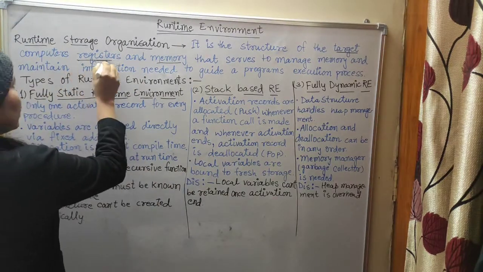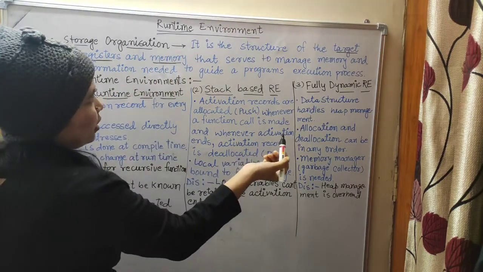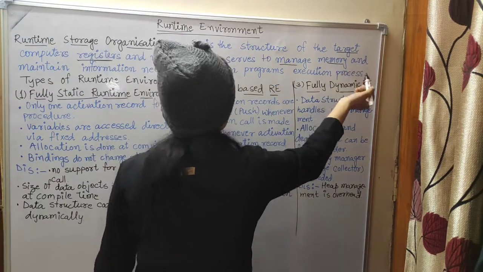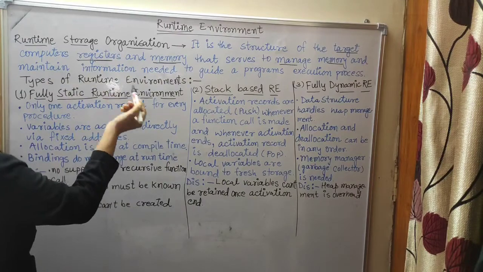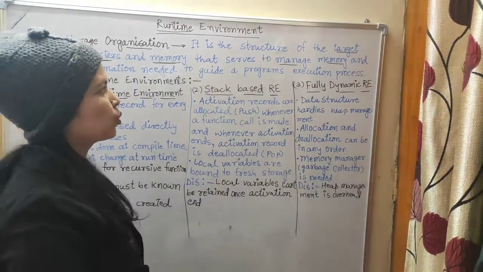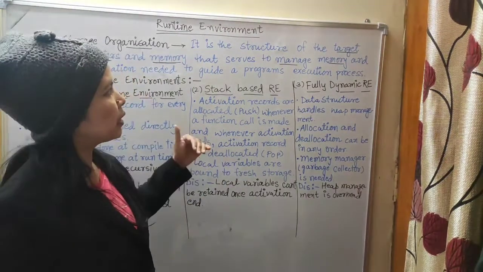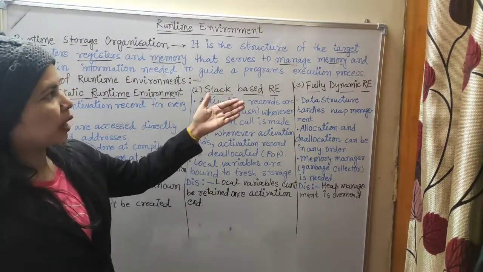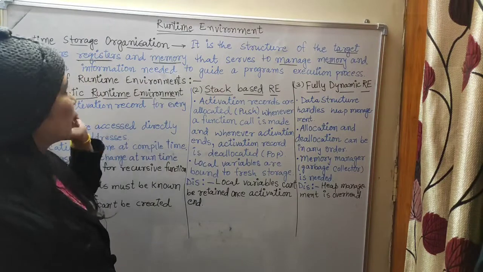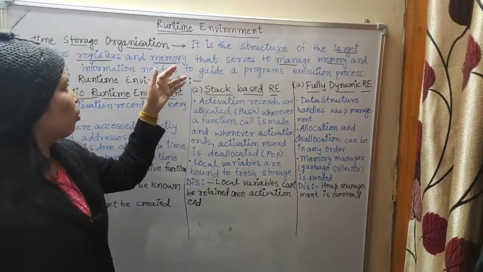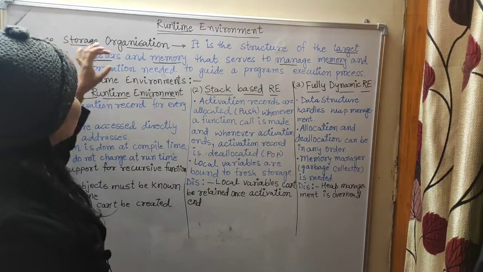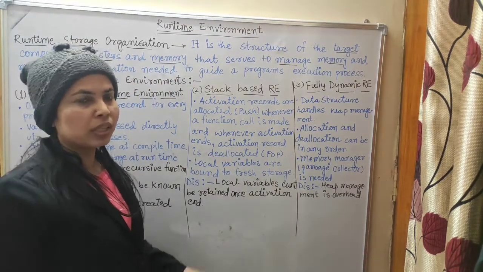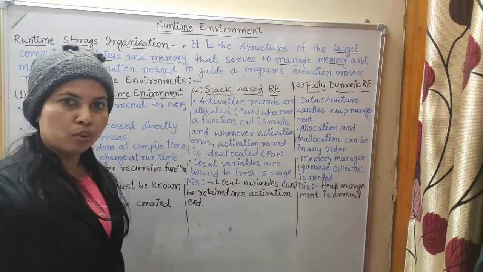It stores data in registers and memory, and serves to manage memory and maintain the information needed to guide a program execution process, so that it can be accessed from memory or registers. Why is it written as registers and memory? Memory may be cache memory, RAM, ROM, any place.